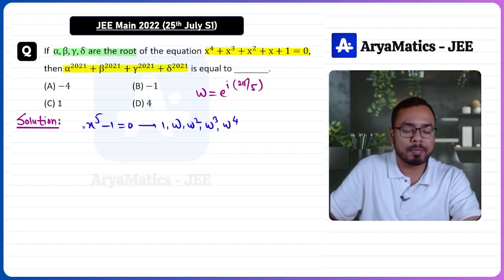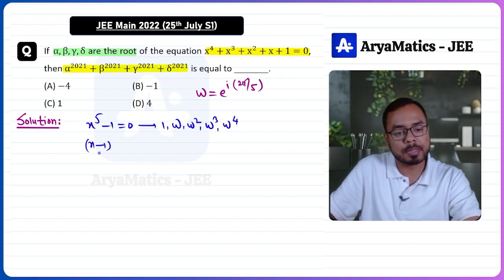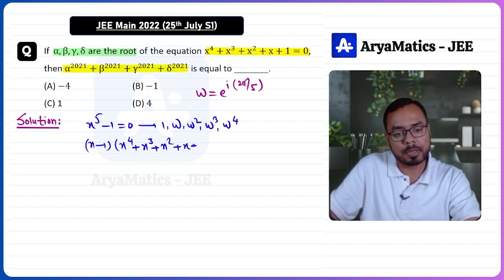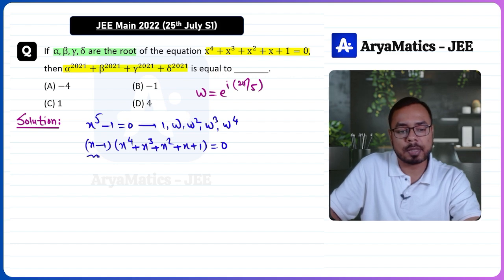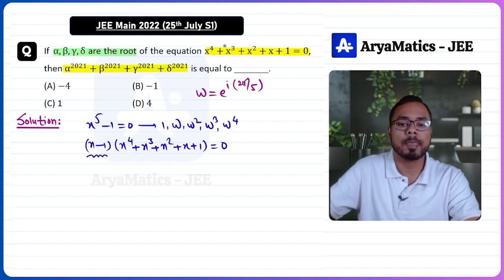Now here if you create factors of x raised to 5 minus 1, one factor will be x minus 1 and then the other factor will be x raised to 4 plus x cube plus x square plus x plus 1 equals to 0. And as you can see, for this equation x minus 1 equals to 0, the root will be 1, right? When x is 1, x minus 1 will be 0.